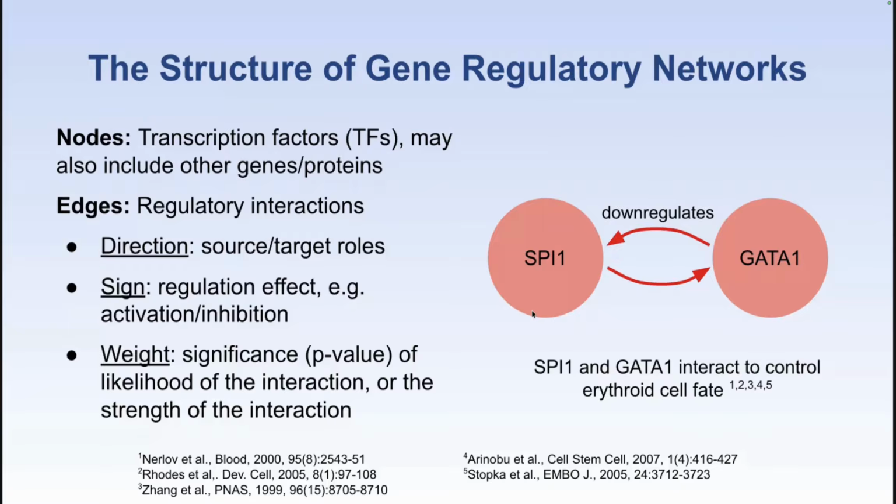So I have an example here showing the transcription factors SPI1 and GATA1, but the edges have a direction which assigns the source and the target roles. And then they can also have a sign which indicates the effect of the regulation, namely activation or inhibition, as well as a weight which can be used to describe the statistical significance of the likelihood of the interaction, as well as also the strength of the interaction.